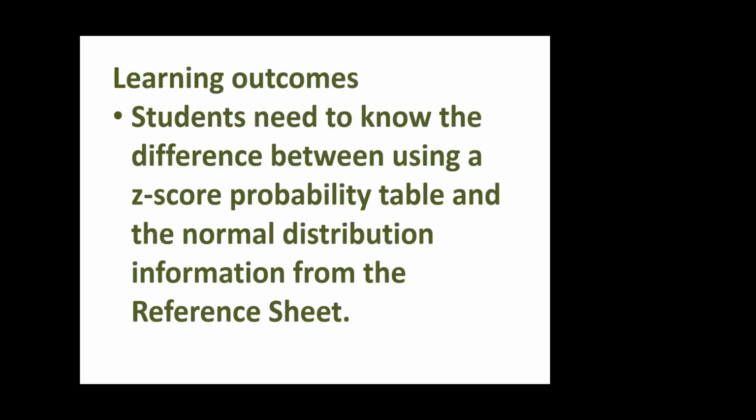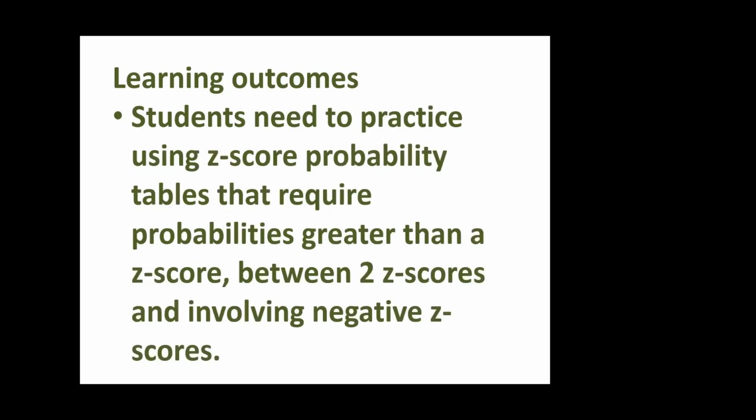So students need to know the difference between using a z-score probability table and the normal distribution information that's on the reference sheet. So that's the 68, 95, 99.7% workings, because there was too much of that combination happening there.